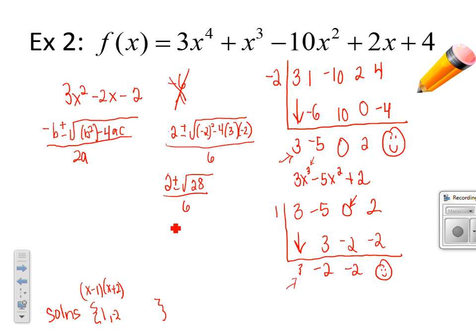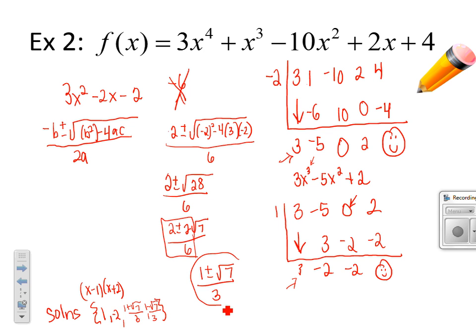That simplifies into 2 plus or minus 2 square roots of 7 over 6. And I can simplify that one more time by saying these will all simplify to make 1 plus or minus the square root of 7 over 3. And so those are two solutions there. It's 1 plus the square root of 7 over 3 and 1 minus the square root of 7 over 3.